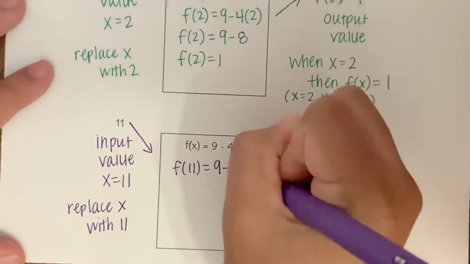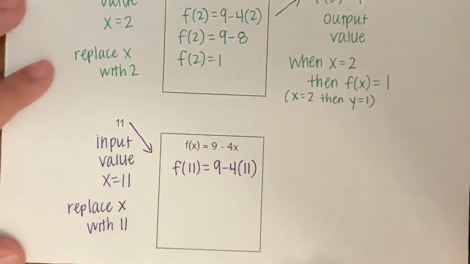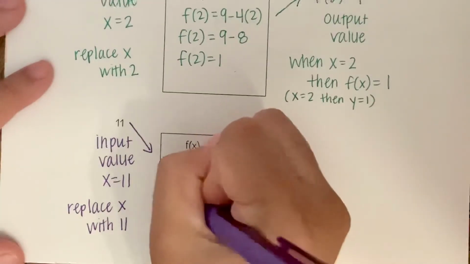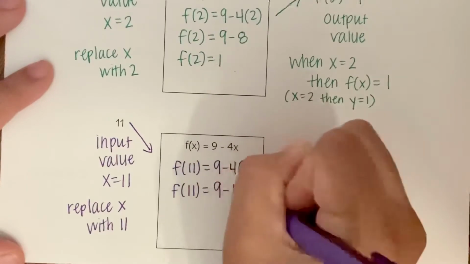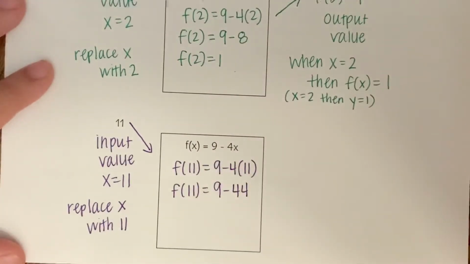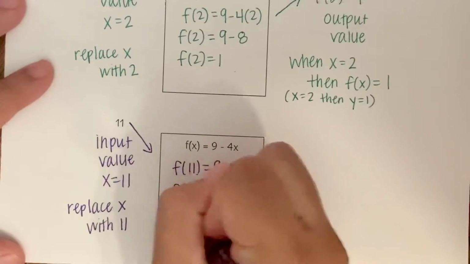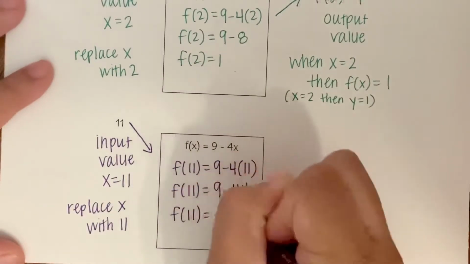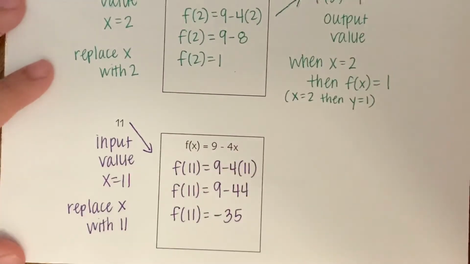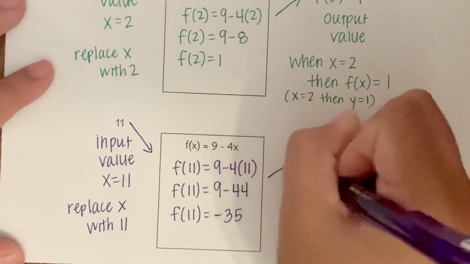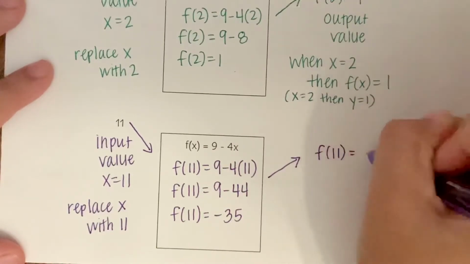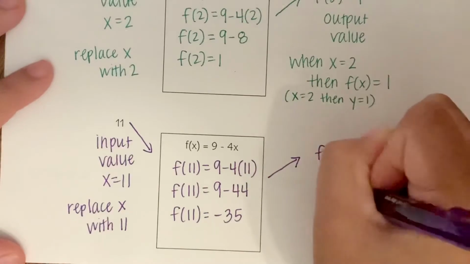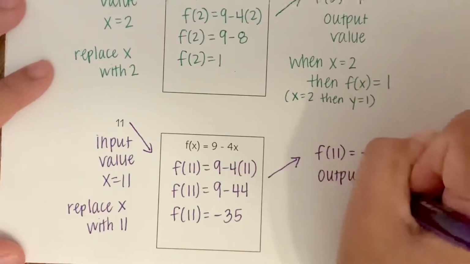And instead of 4 times x, it's going to be 4 times 11. So f of 11 is going to equal 9 minus 44. And then when I do 9 minus 44, I get f of 11 is equal to negative 35. So when I input a value of 11, I'm going to get an output value, f of 11 equals negative 35. And that would be called my output value.